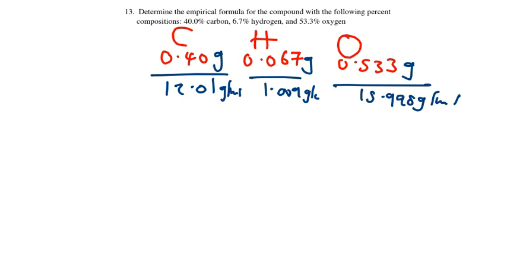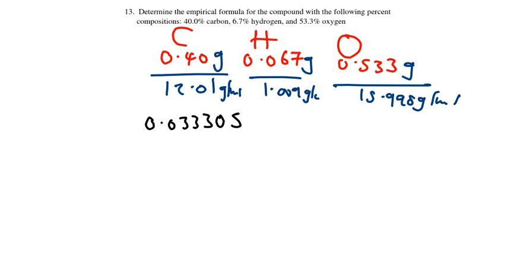0.4 divided by 12.01 is 0.0333. So it's okay without even dividing by 100. If you want, you can just take them as 40, 6.7, and 53.3. That's still fine. Let me take the values to at least 4 or 5 significant figures.